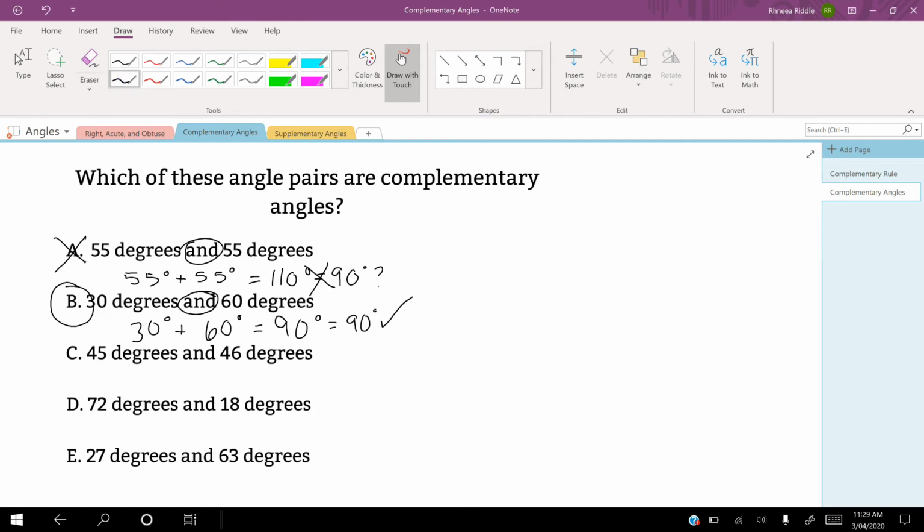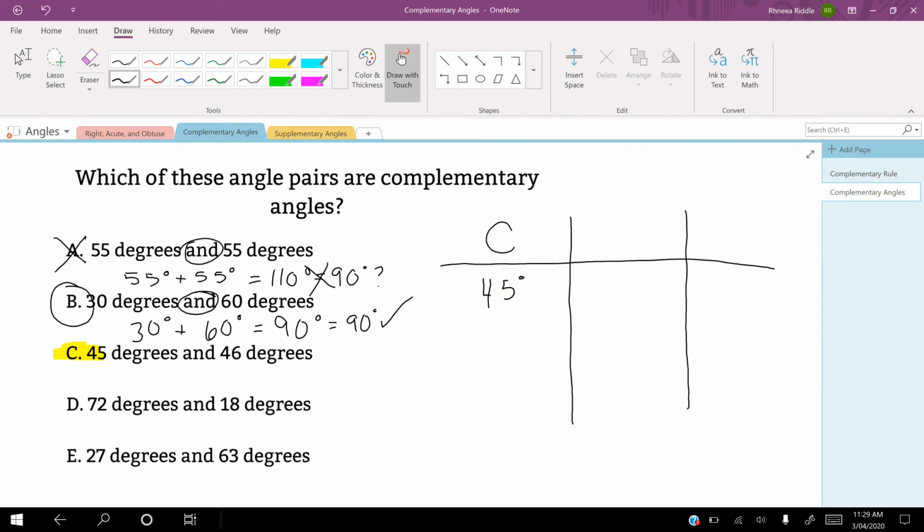So I'm going to make a table over here so I can separate my work, make it a little organized. So we have C, this one right here, says that we have a 45-degree angle and a 46-degree angle. So we have to add those up.